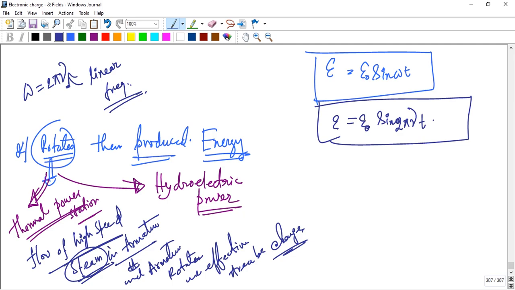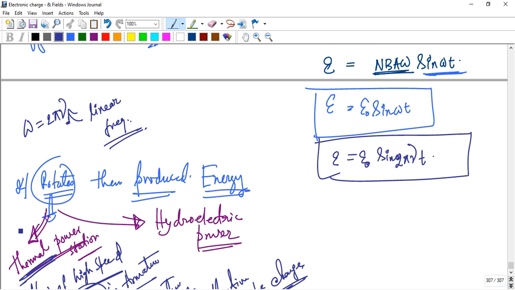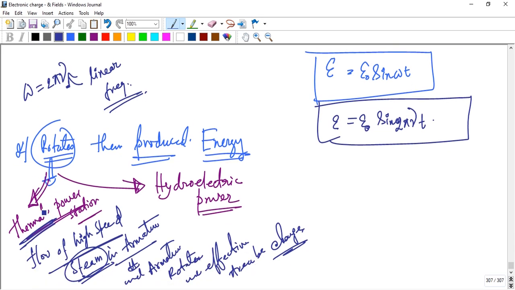That's why it is called a thermal power station. An example is Kolaghat power station in West Bengal.